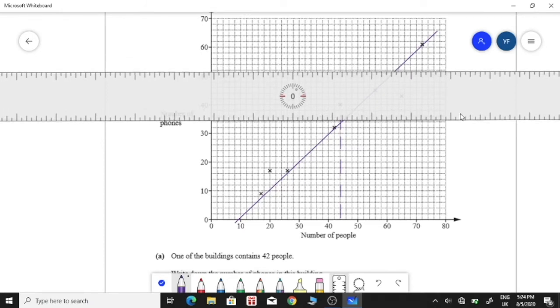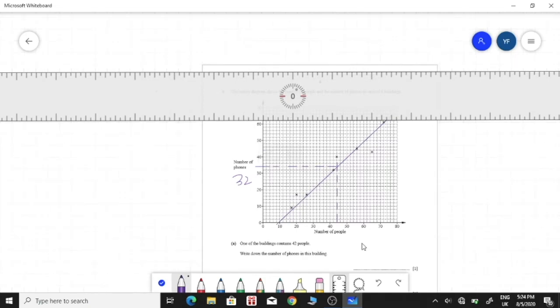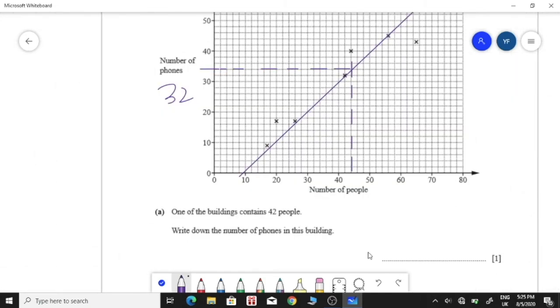Right, so here we have this line meeting our graph, and then I'll trace it from here to the y-axis, and as you can see over here, this is 32. So we have the number of phones in this building as 32.